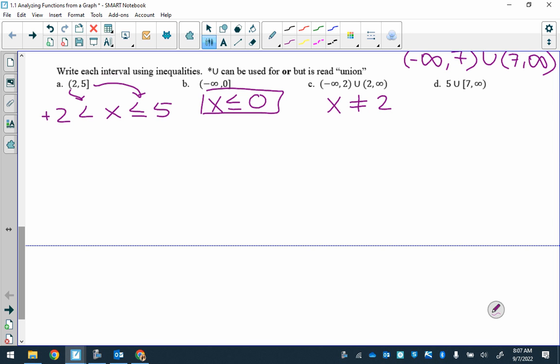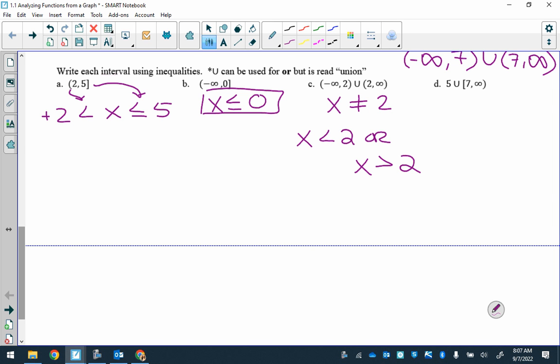We could also write, since this means or, X is less than 2 or X is greater than 2. But the simplest version will be X is not equal to 2.